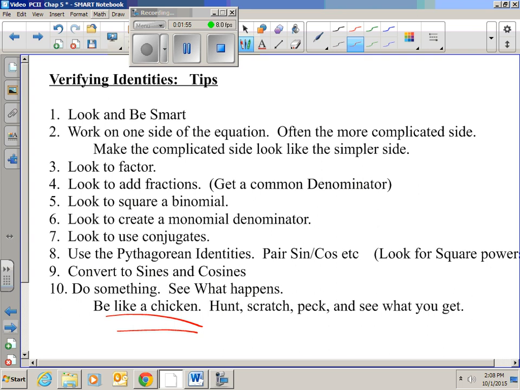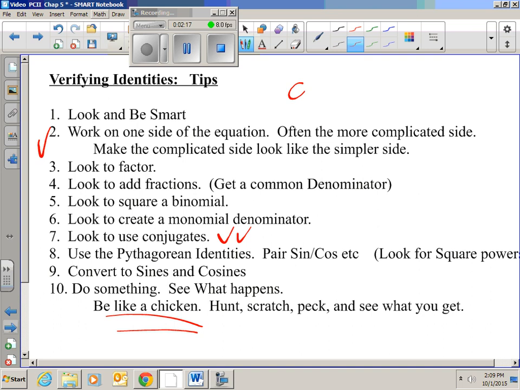I would definitely work on the one side of the equation that's the more complicated side. Make the complicated side look like the simpler side. We're also looking to factor. We're looking to add fractions. We're looking to square a binomial and create monomial denominators. Okay. We're looking to use conjugates, and you know what conjugates are.